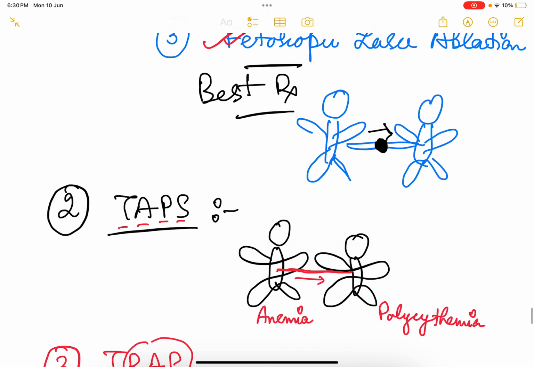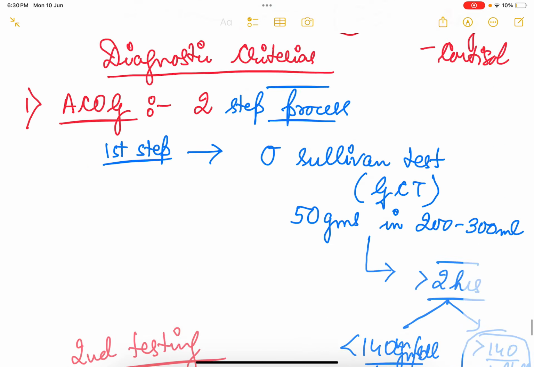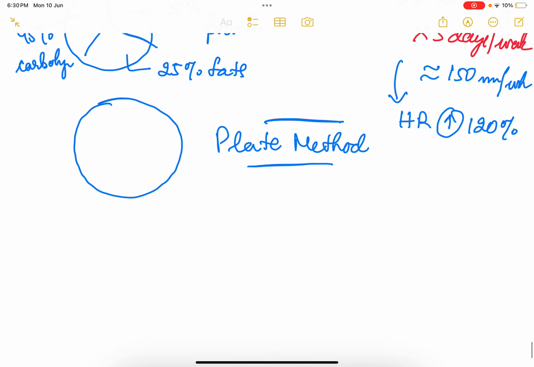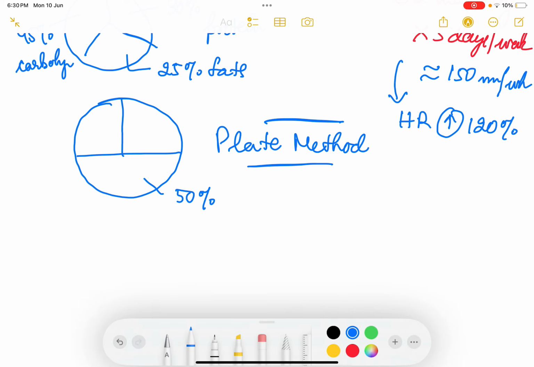Okay, so how do you actually divide in plate meal method? When we divide the plate into three parts, it should be such that 50% of your plate should consist of green food, that is, green leafy vegetables should be present in 50% of the food.